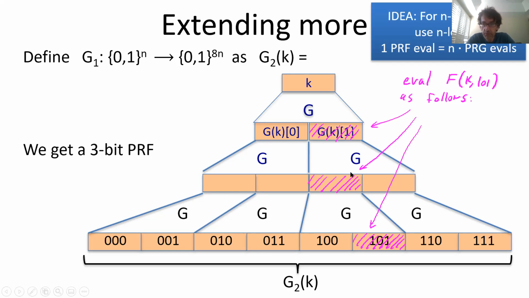So it is feasible, but this is often not how PRFs are constructed in practice. The PRFs inside of DES and inside of AES are not following this procedure, but just making shortcuts in it.